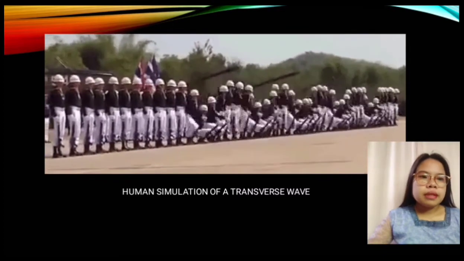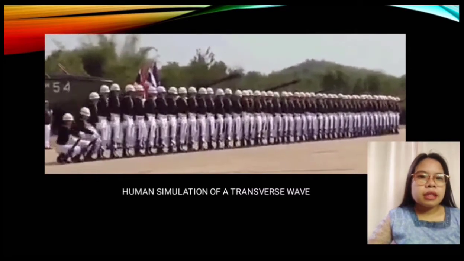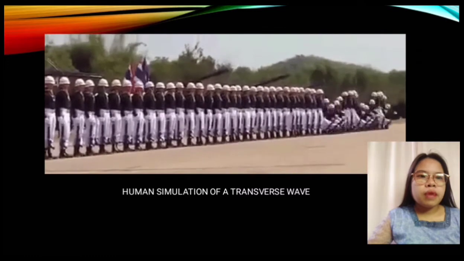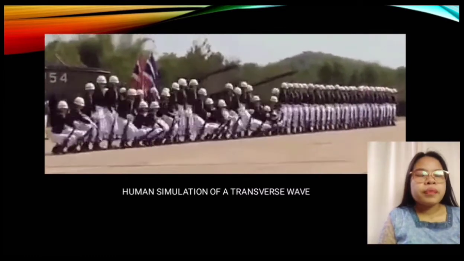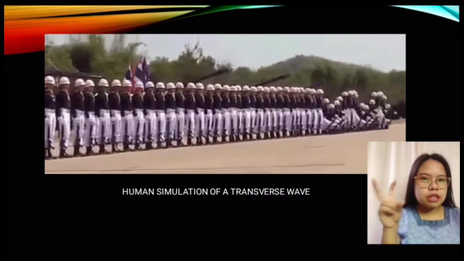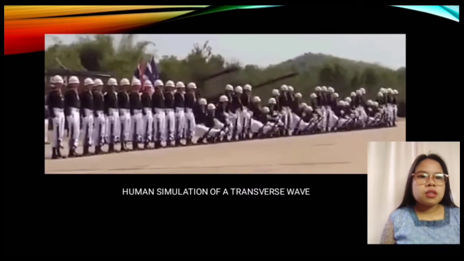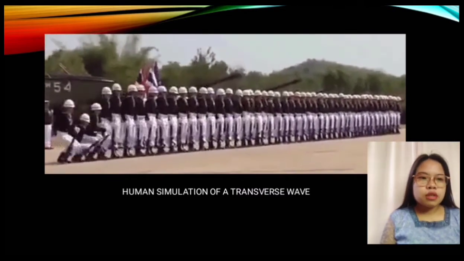So the people here are the particles in the medium. They move up and down, and that creates a wave from left to right. This wave gets its name, transverse wave, because the particles' motion is transverse to the direction of the wave.